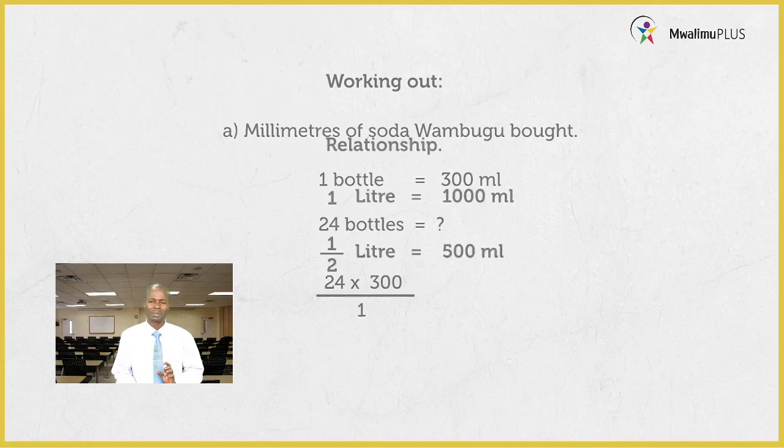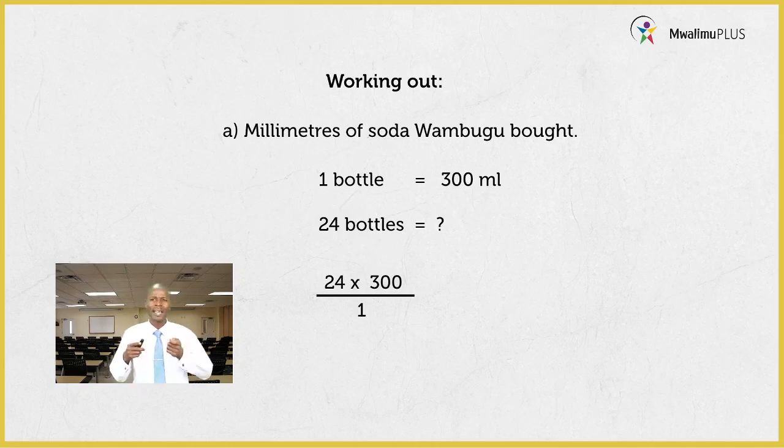Now next, what we are supposed to do is actually to find out through working. We want to find the amount of soda that was in all the 24 bottles. So what we do, we take 1 bottle, which is about 300 milliliters, then we multiply by all the bottles that we have, 24. So 24 by 300, and I want you to work this out very quickly.